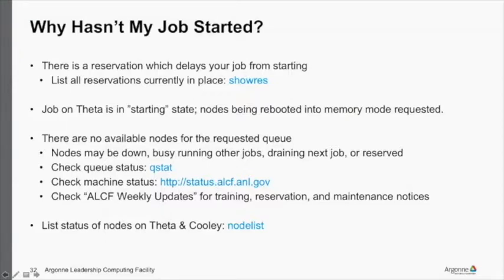I tend to use the nodelist command if I want to submit a medium or large size job, and I want to figure out what's the smallest wall time I can submit my job with.